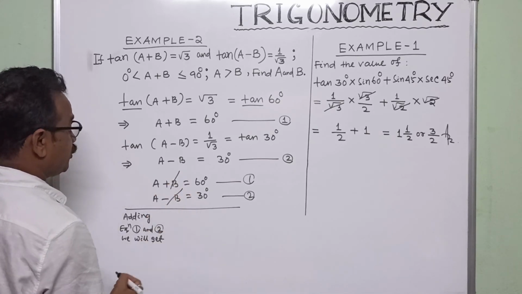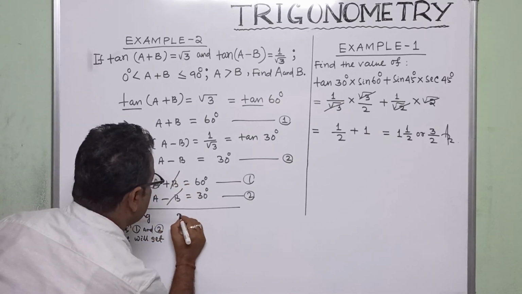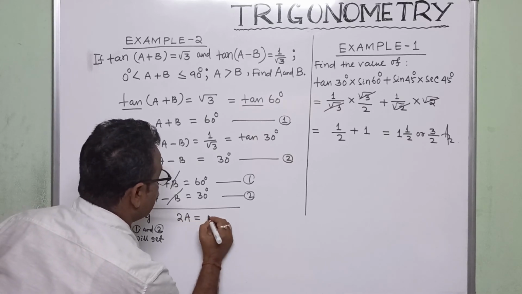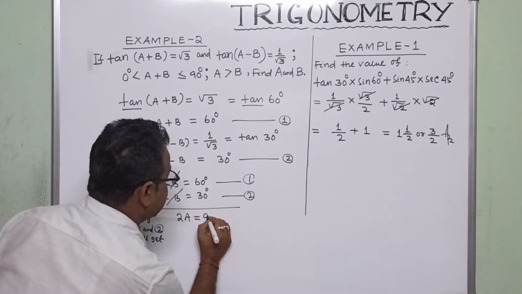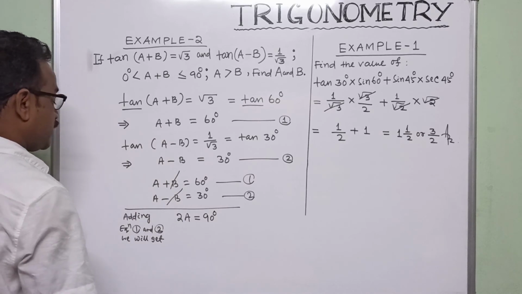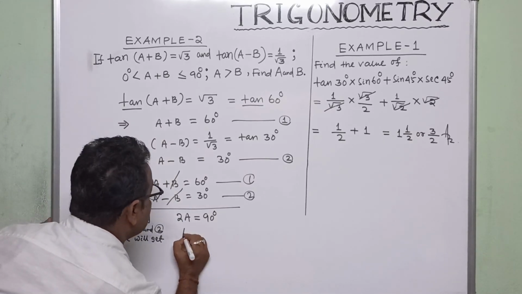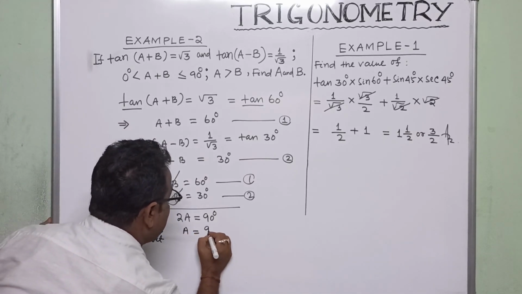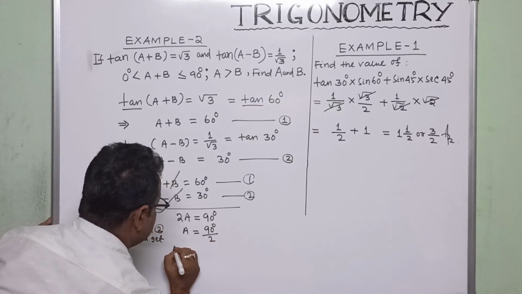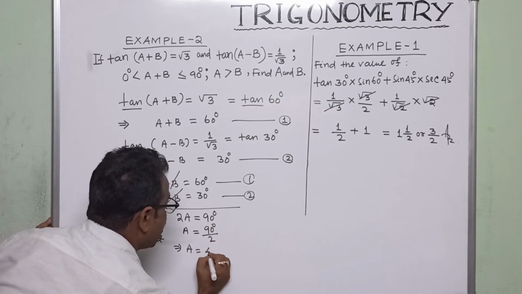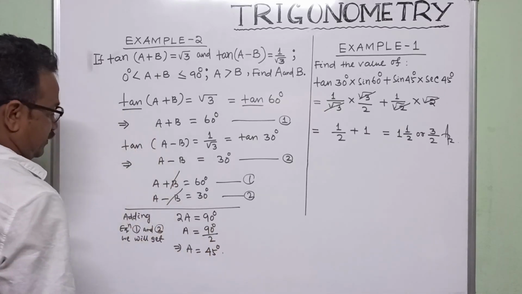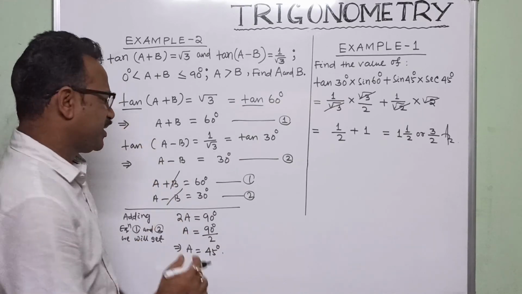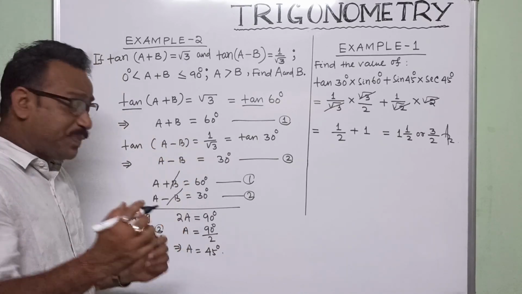This cancels, you know. So 2a is equal to how much? 90 degree. Now a is equal to 90 by 2. That implies a is equal to 45 degree. A is coming 45 degree. Now we have to find the value of b.